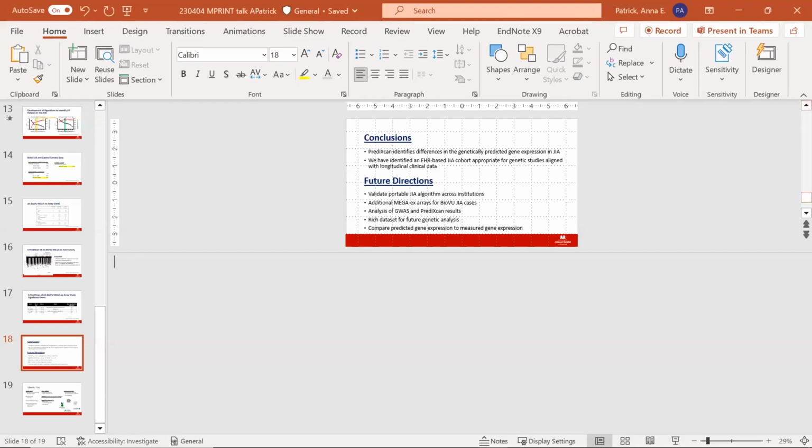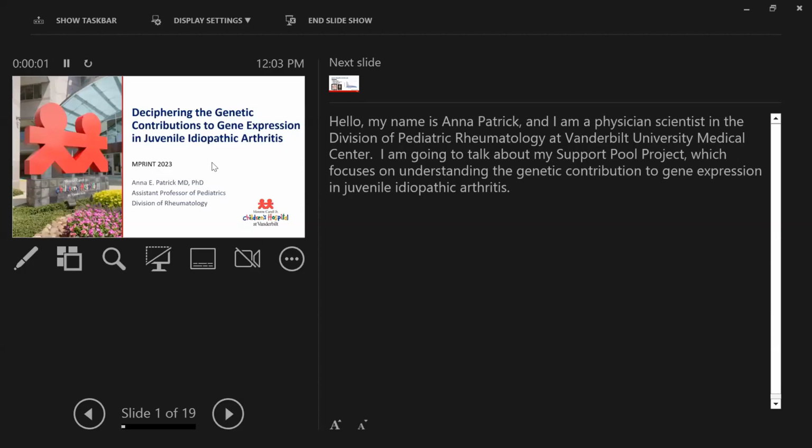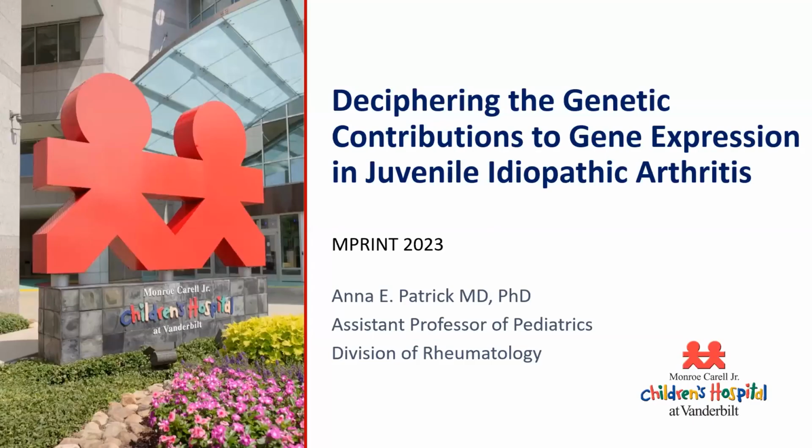Bear with me for 1 second. Okay, is what you're seeing correct? No, it's the slide share or the speaker view now. Okay, let me try one more time. Is what you were seeing correct? That is correct. Great. All right. Thanks. Thank you so much.